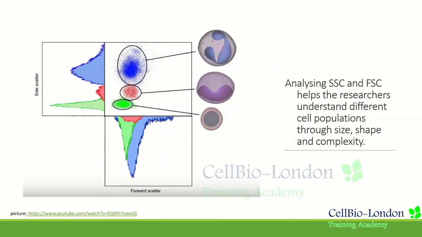When you see it on a histogram, the computer analyzes the side scattered and forward scattered channels, depending on the sample type and the quality of the sample preparation. Fluorescent labels are generally required to obtain more detailed information. Analyzing side scatter and forward scatter helps researchers understand different cell populations through size, shape, and complexity.